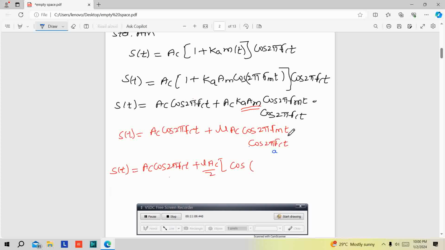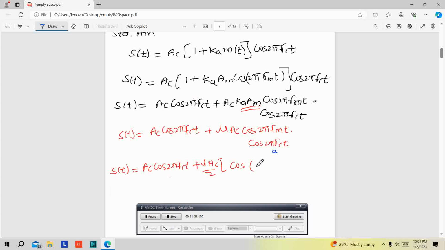When you perform cos(A minus B), you should get positive values: high frequency minus low frequency gives positive. If you consider fm as A, you will get a negative value. So consider 2π fc t as A.